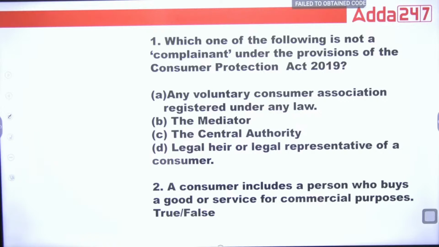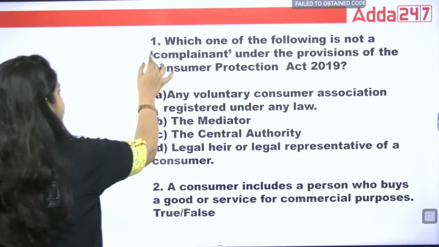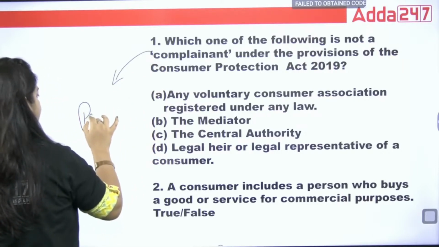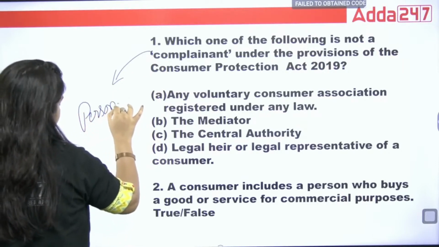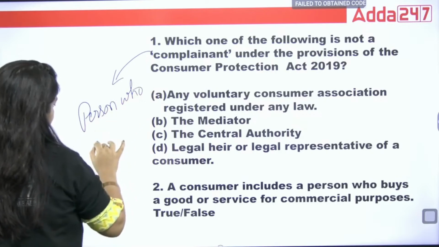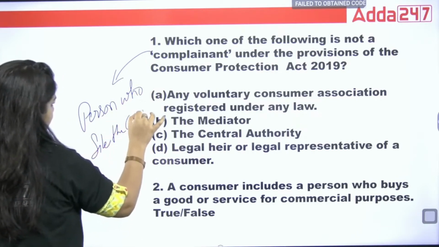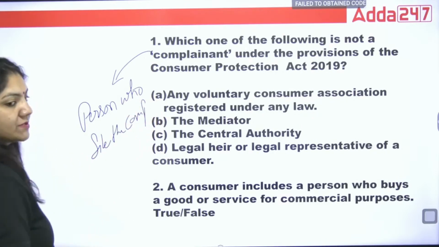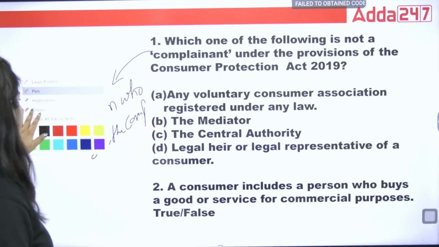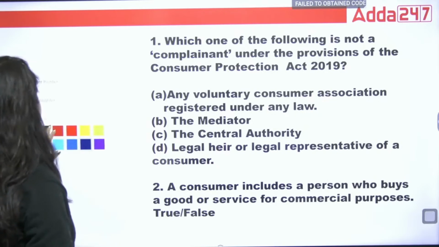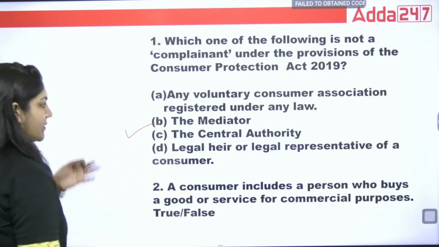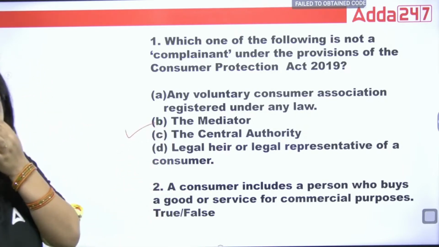Tell me. Complainant means the person who filed the complaint. So under this question, the right answer will be mediator, because mediator is the authority who will solve the dispute.